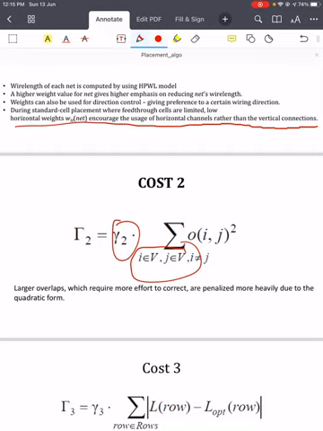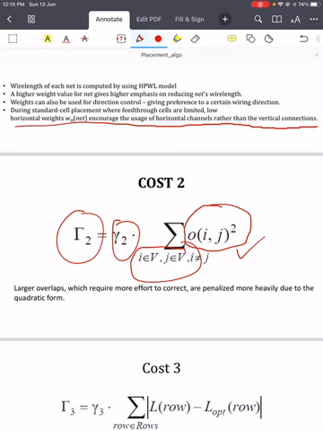As you know, overlapping in placement is undesirable. Larger overlaps, which require more effort to correct, are penalized more heavily due to this quadratic form. It means we are using a quadratic function to define gamma 2, or cost 2. When the overlap is quite large, we impose a large value, and it is penalized more heavily due to the square form.